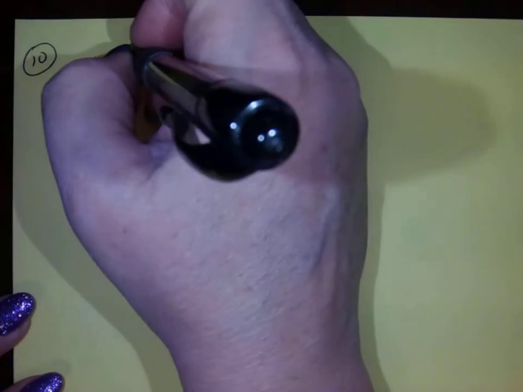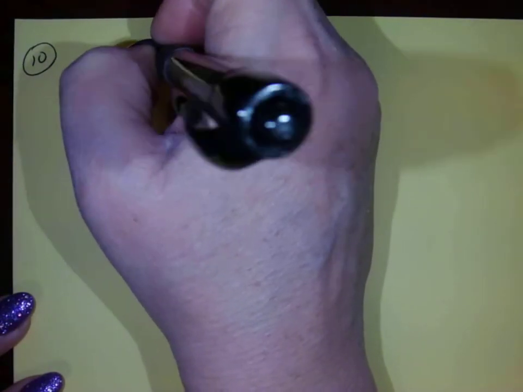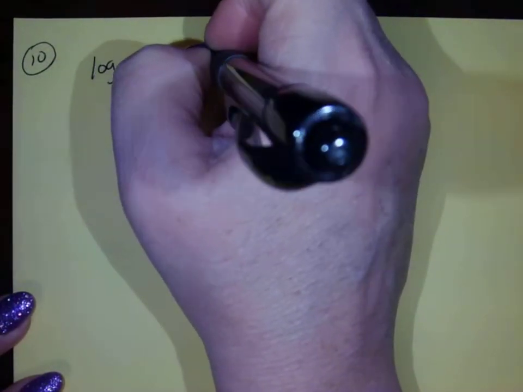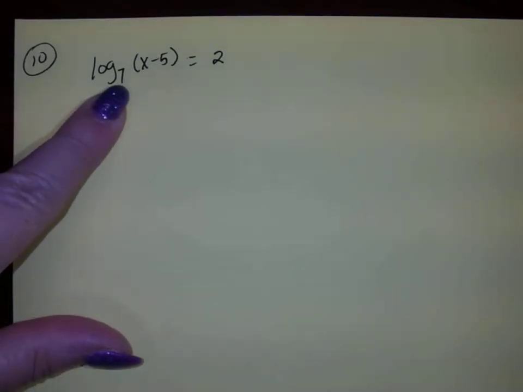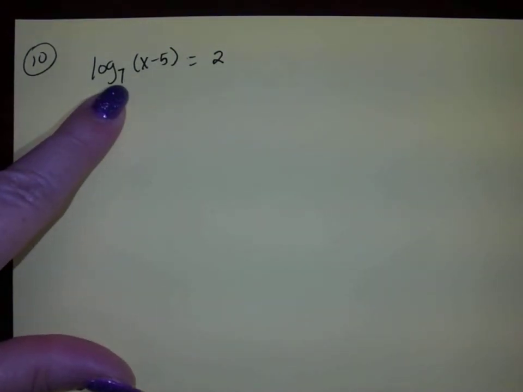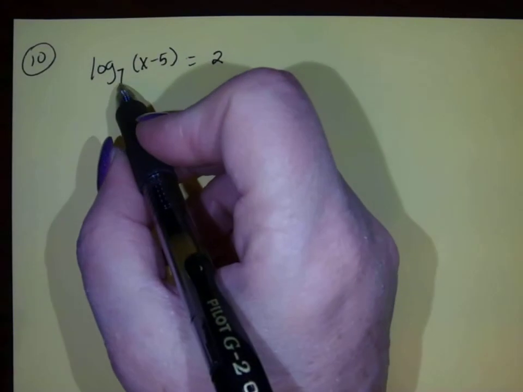So for number 10, we are given log base 7 of x minus 5 equal to 2. And it says to solve it. Well, we're going to use our previous knowledge here and go to exponential form.